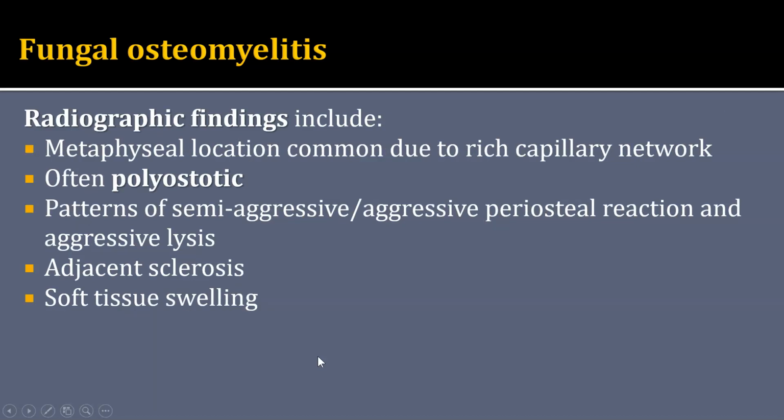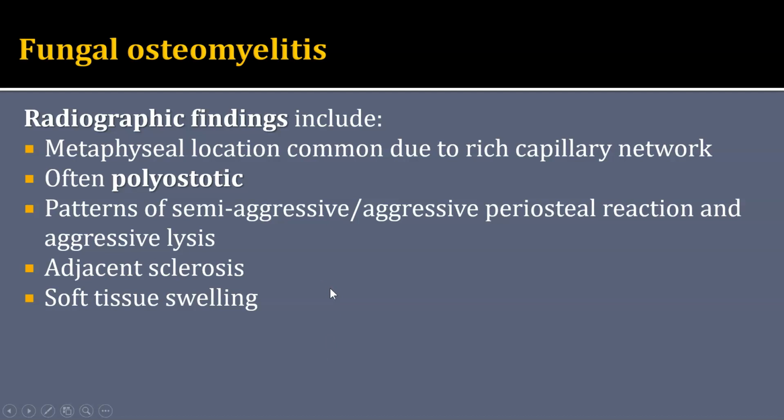When we look at the radiographic findings of fungal osteomyelitis, especially compared to bacterial osteomyelitis, this tends to be a pretty aggressive looking lesion. So oftentimes, it does like to occur in the metaphyseal location, and that is because of that rich capillary network that's there, although it can happen in any part of the bone. It is oftentimes polyostotic, as I said, since it's hematogenously spread.